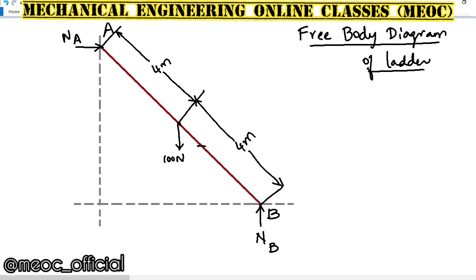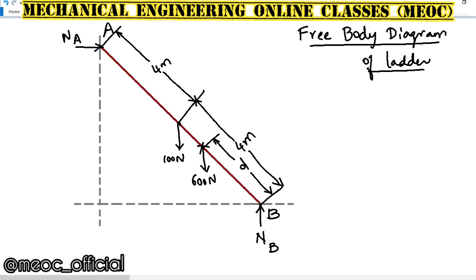So let the person be somewhere here, and the weight of the person is given as 600 Newton. Let this particular distance from point B be small d. We are assuming that from B he has ascended up to distance d along the ladder.